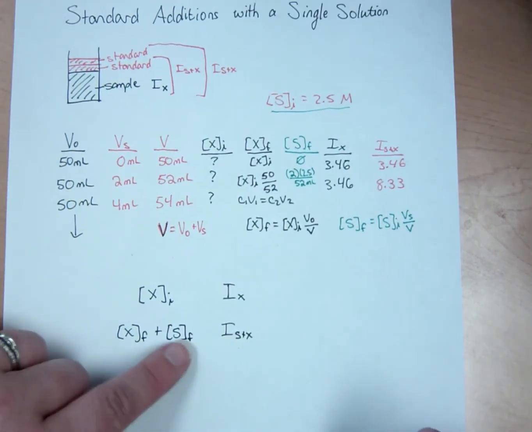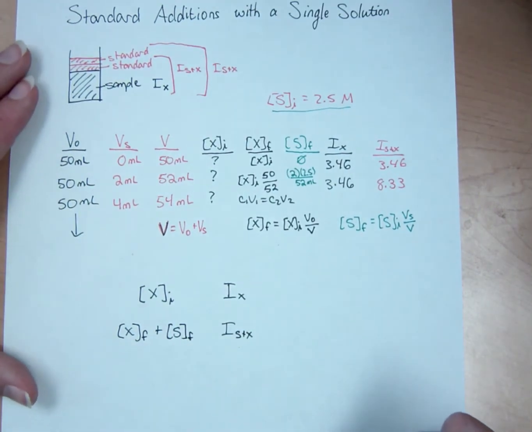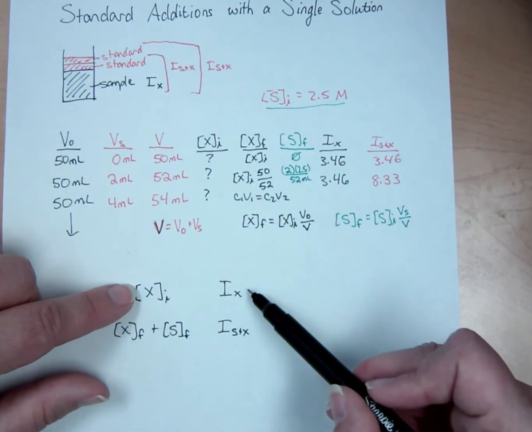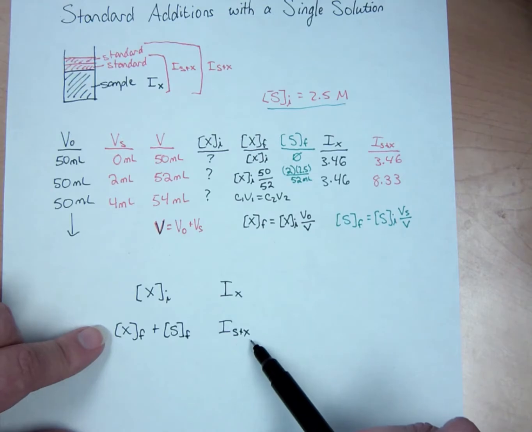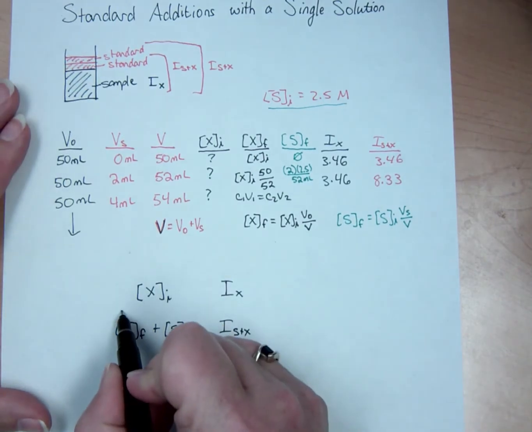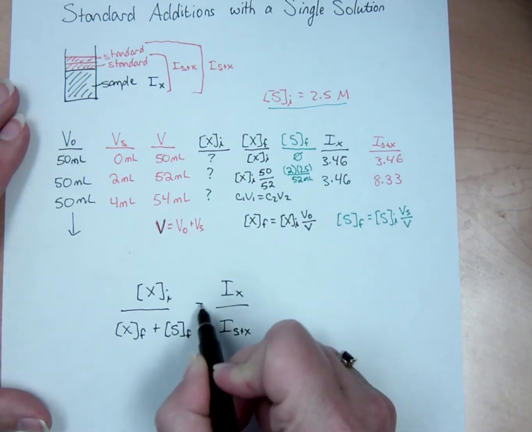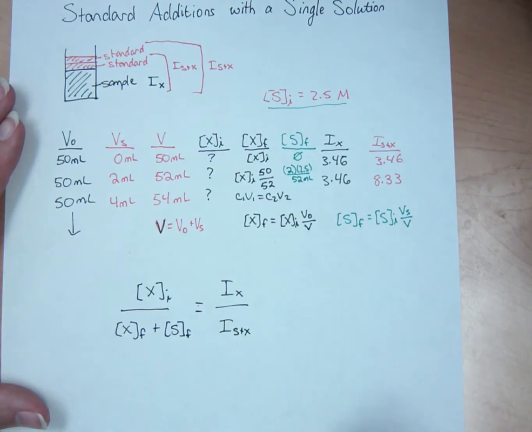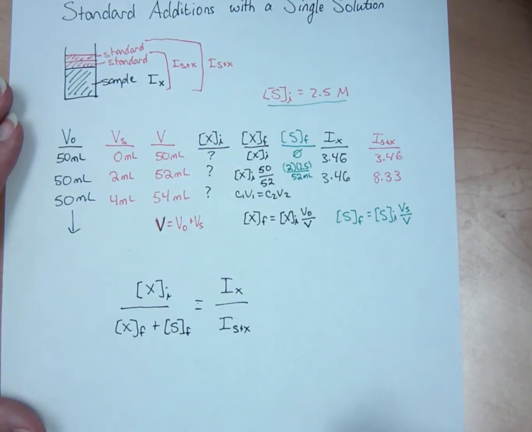So this SF, concentration SF. And if we know that these two are proportional and these two are proportional, then all I'm going to do is make this all one big proportion. And we have a starting equation with which to work.